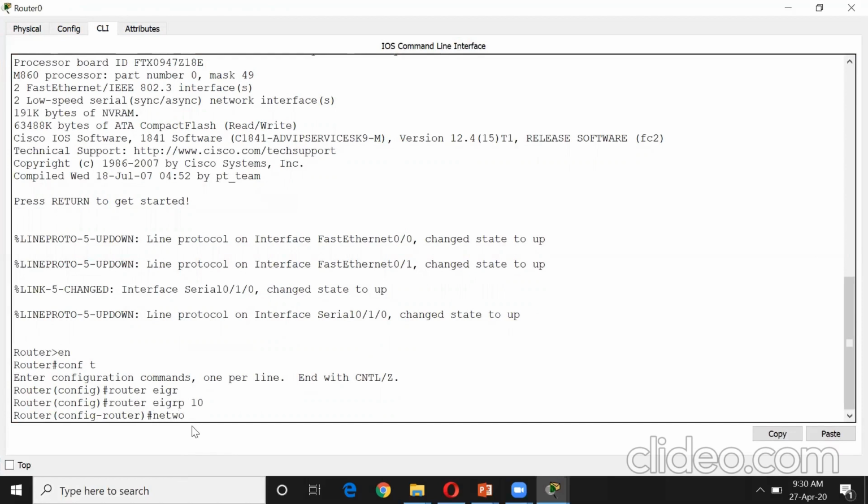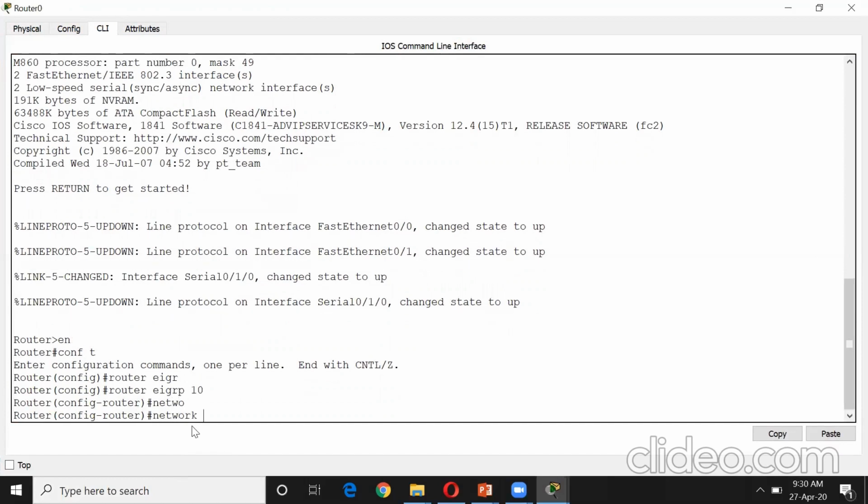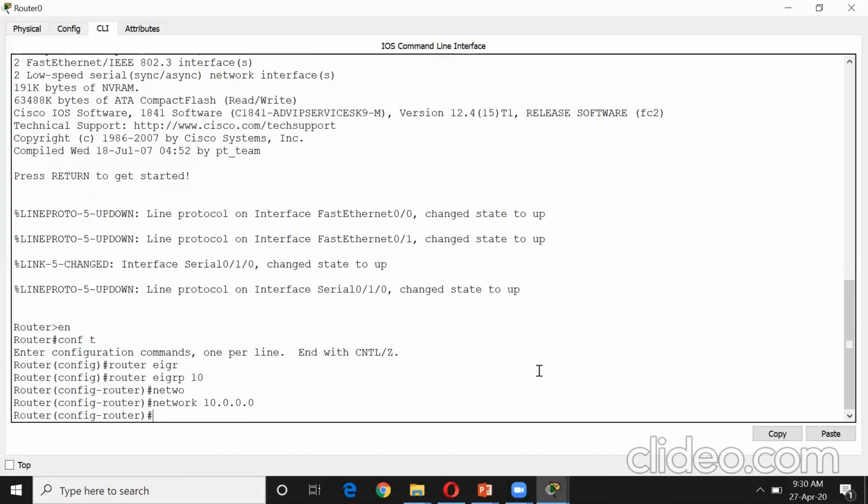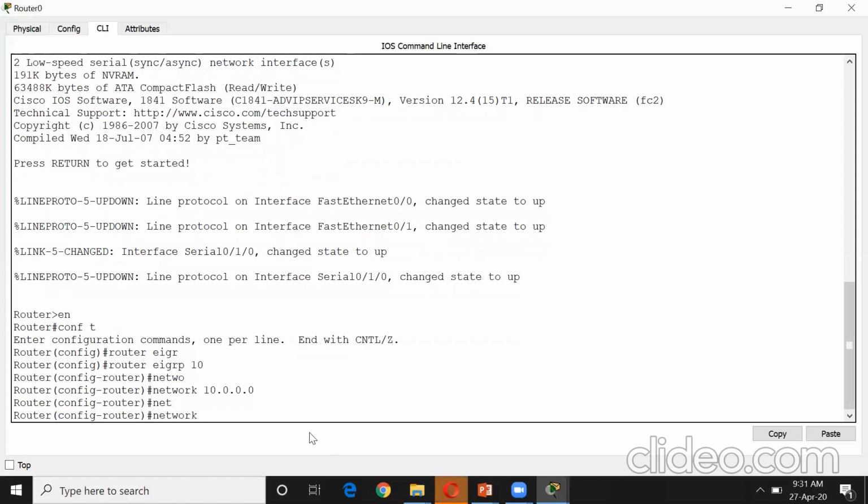So network 10.0.0.0, and next is network 20.0.0.0, right?